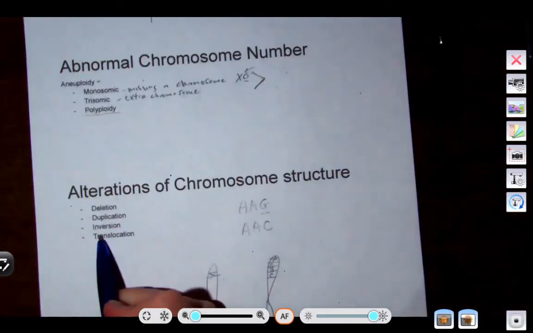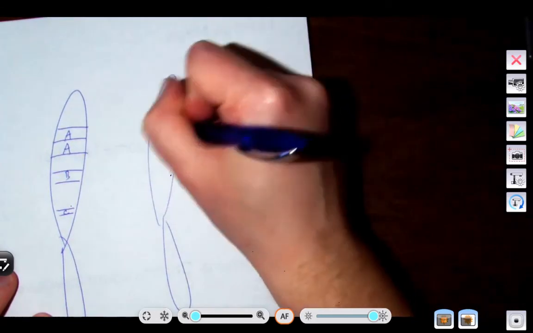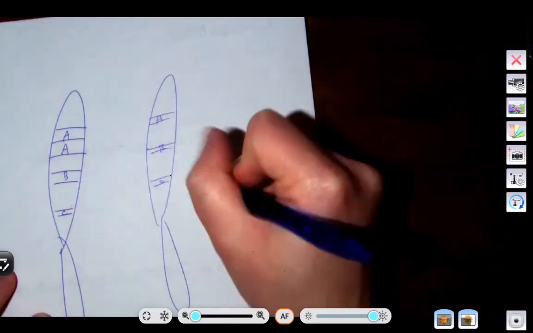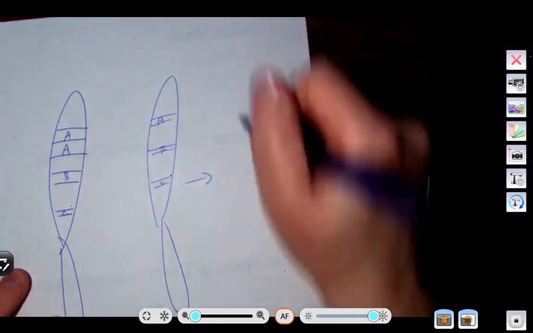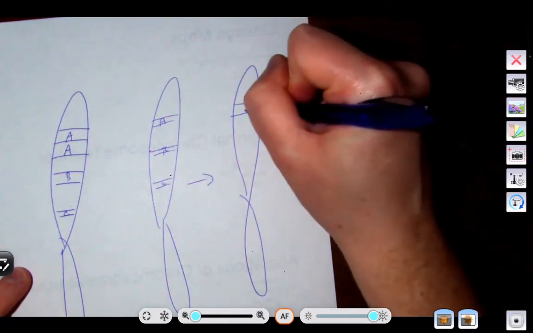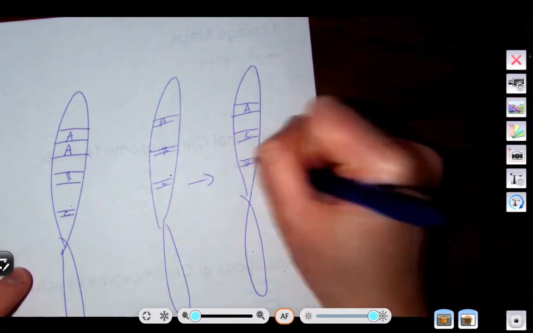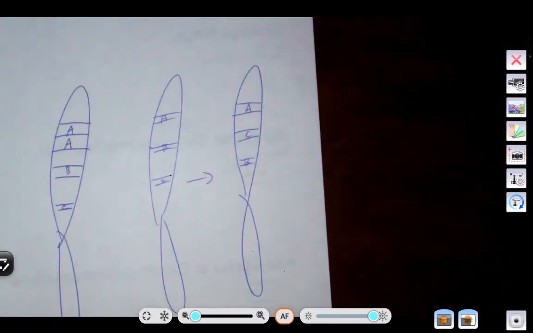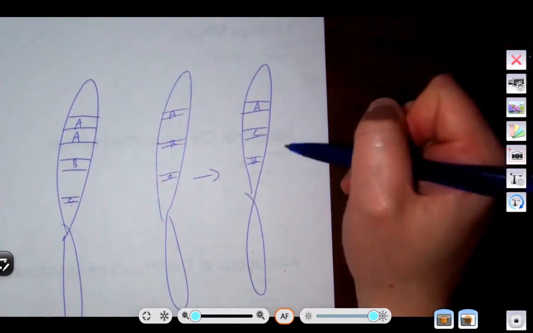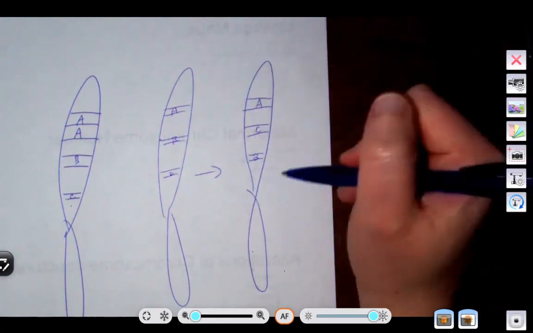In an inversion, you take the two letters and you actually end up switching them. Now, this wouldn't be a huge deal, except you have to remember that chromosomes are highly controlled during transcription and translation through gene regulation.